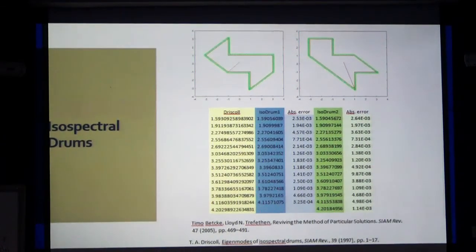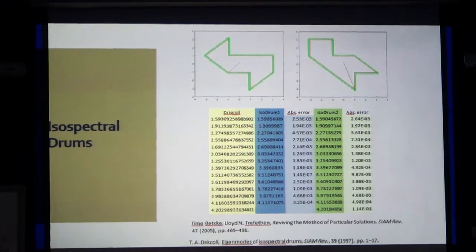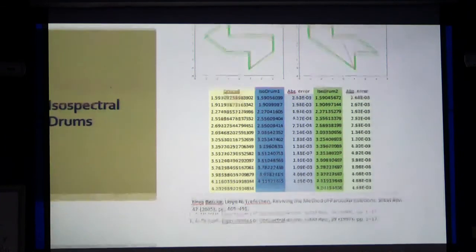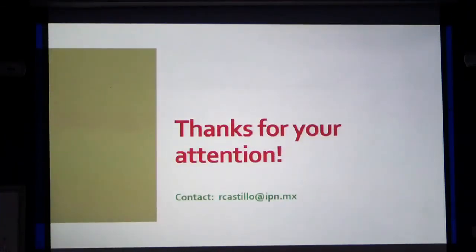We are still trying some improvements for this precision, but I hope that this method will be very stable, accurate, and somehow maybe will be fast in the future. So that's all that I wanted to say. Thank you very much for your attention.